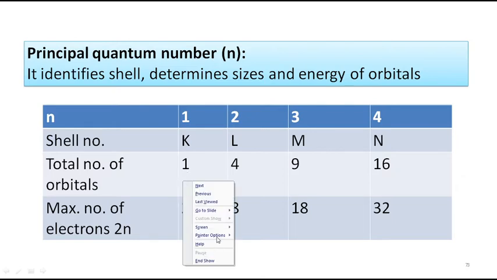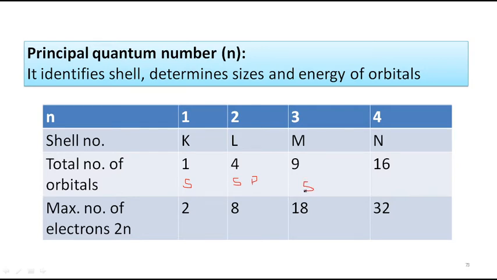I'll write here. 1 means only 1s. 4 means s and p. Then s, p and d. And the last one is s, p, d and f.